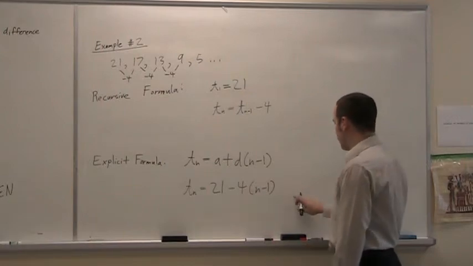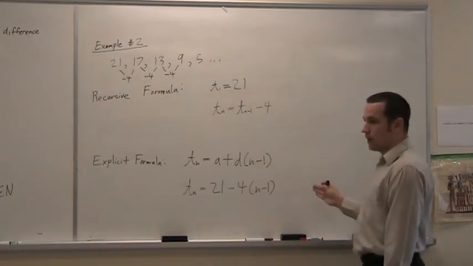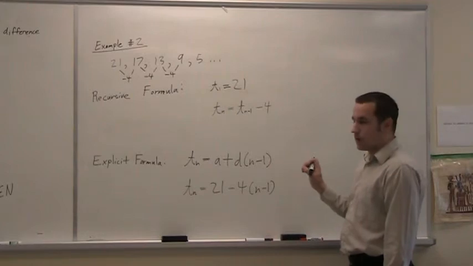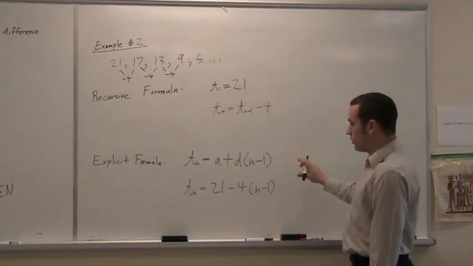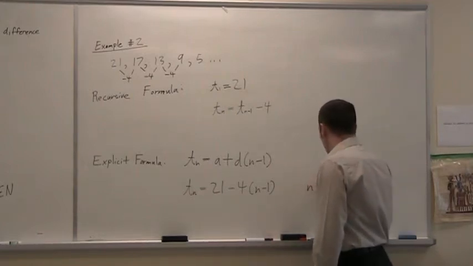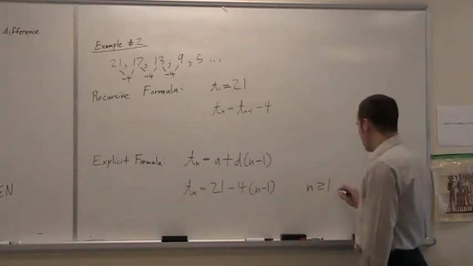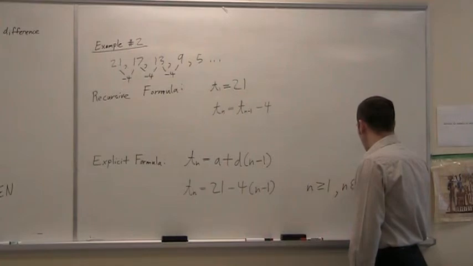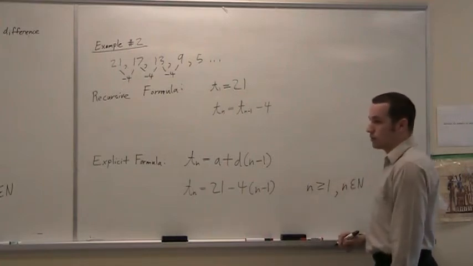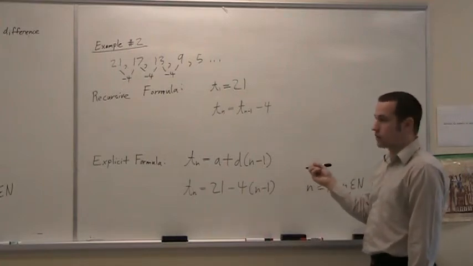And again, if you want to be picky about your math and say to the person that if they had no clue what we were really doing here, you could tell them that n has to be greater than or equal to 1 because we can't have negative terms, and that other than that, n is any set of natural numbers. Okay, 1, 2, 3, 4, 5, 6.